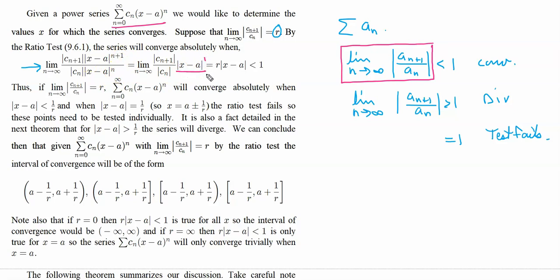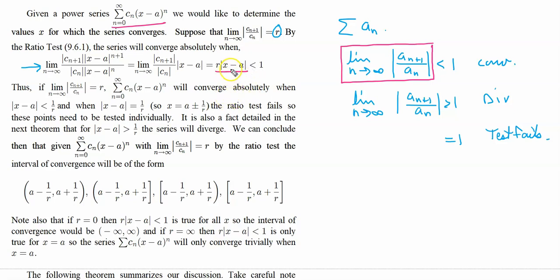Okay, so that simplifies. Now, this doesn't depend on n at all. And as we set up here, just suppose for the moment that this quantity right here is converging to little r, some number. Okay, so then what we have here is that this limit is equal to r times the absolute value of x minus a.